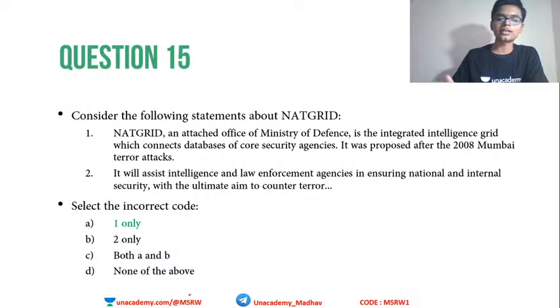Question number 15, correct answer option A. You are asked to choose the incorrect code. The first one is actually the incorrect code. NATGRID is not a part of Ministry of Defense. It is a part of Ministry of Home Affairs.